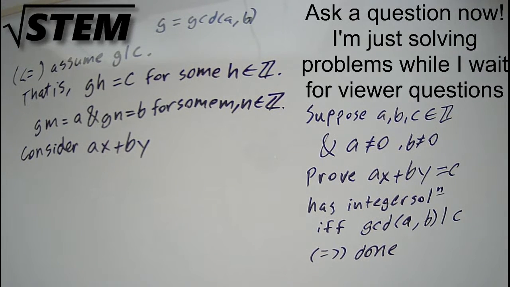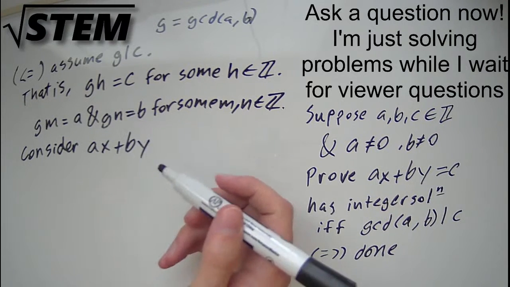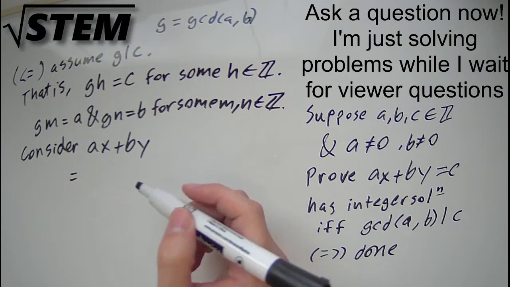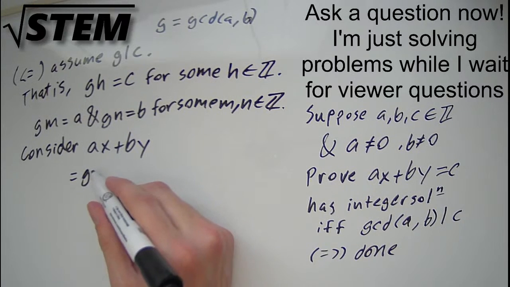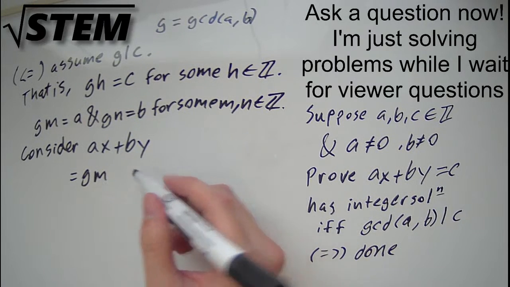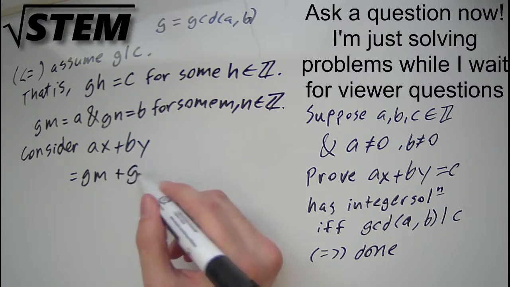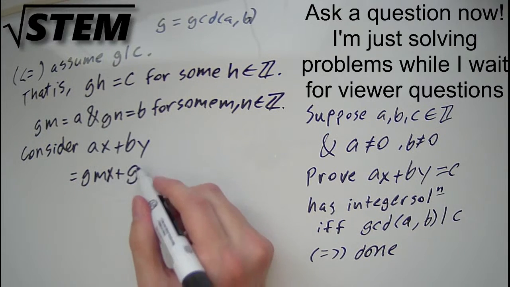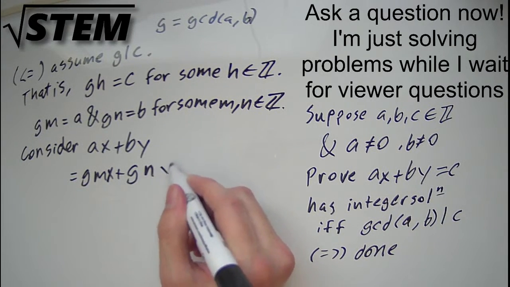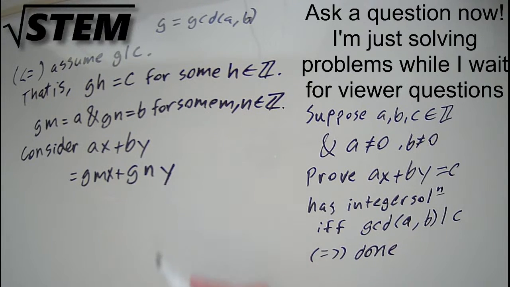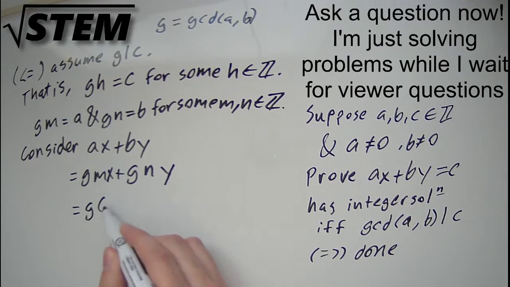So we have these equalities for A and B, so let's plug those in. G times M times X plus G times N times Y. And let's factor out G again.